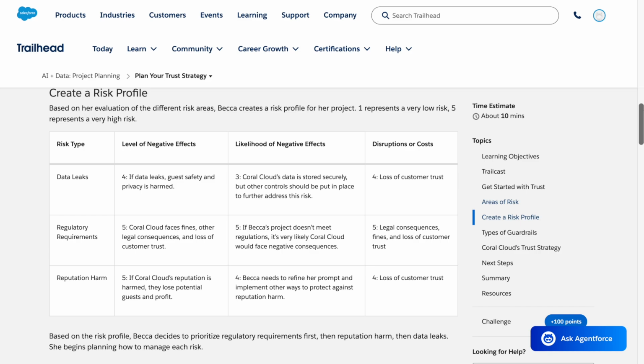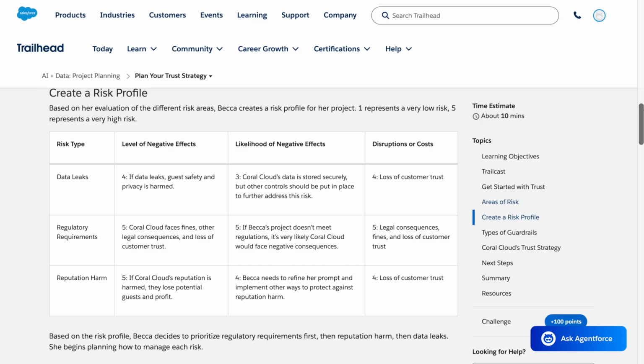Risk type: reputation harm. Level of negative effects: 5. If Coral Cloud's reputation is harmed, they lose potential guests and profit. Likelihood of negative effects: 4. Becca needs to refine her prompt and implement other ways to protect against reputation harm. Disruptions or costs: 4. Loss of customer trust.